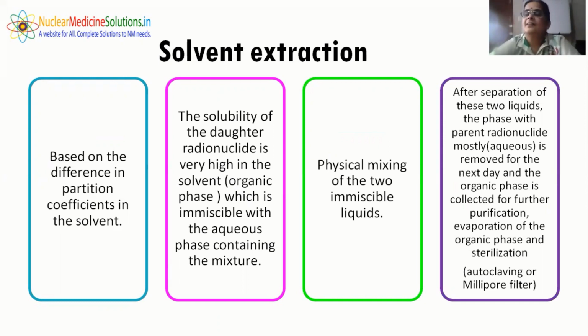The parent radionuclide will be mostly in the aqueous, inorganic form, and it is removed, and the organic phase is collected for further purification: evaporation of the organic phase, and sterilization by autoclaving or millipore filter.